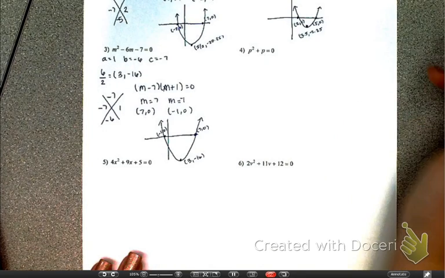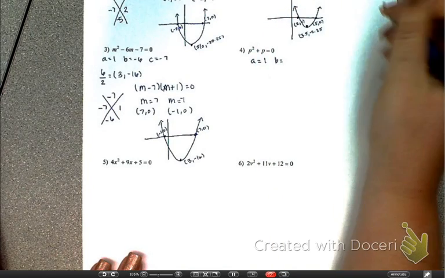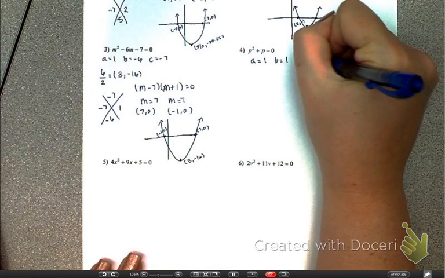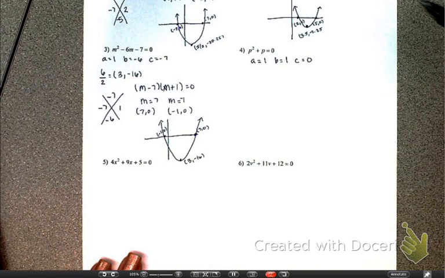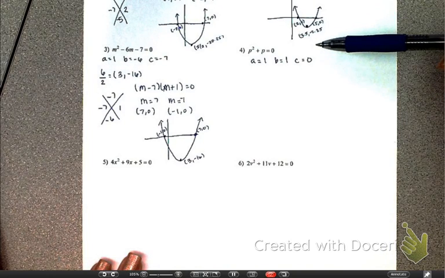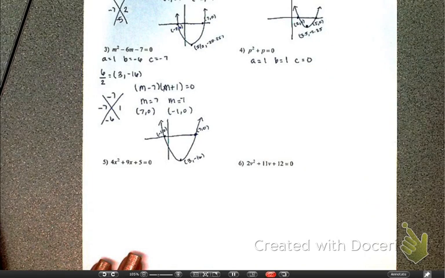Number 4. A is 1. What's B? 1. What's C? 0. Now again, we don't need C for this, but for those of you that are retaking the Mod 11 test today after school, or just getting prepared for finals, you need to know that C is 0.